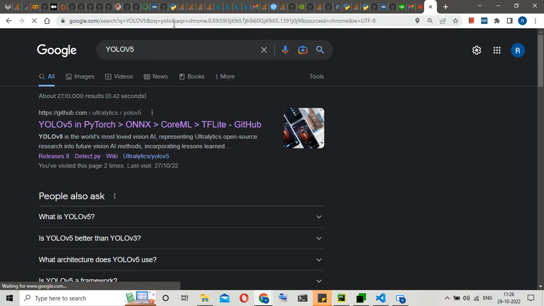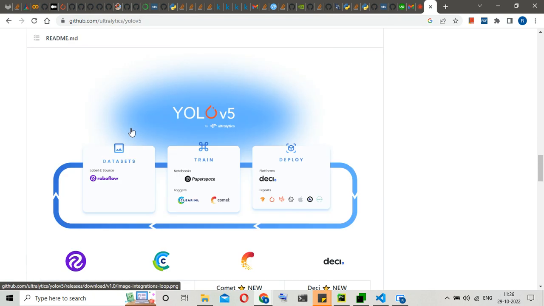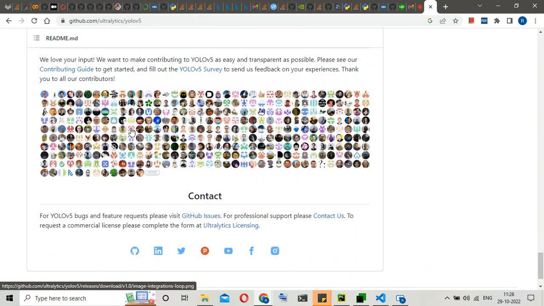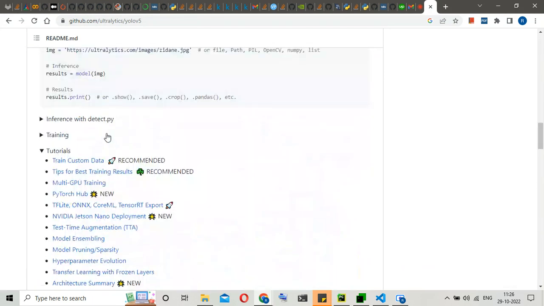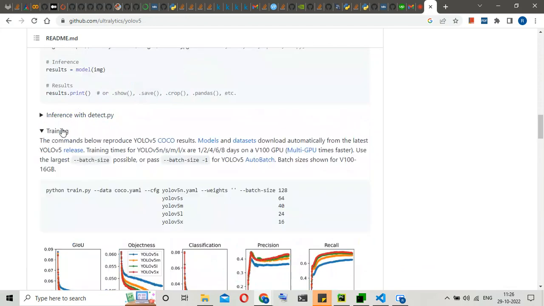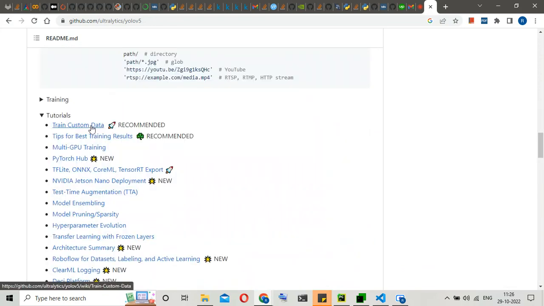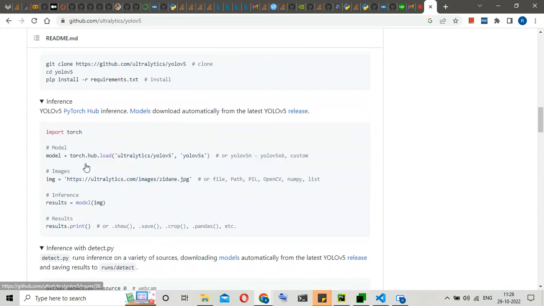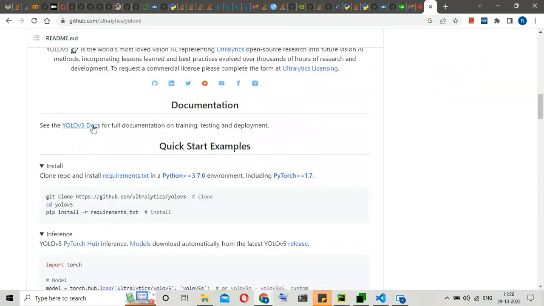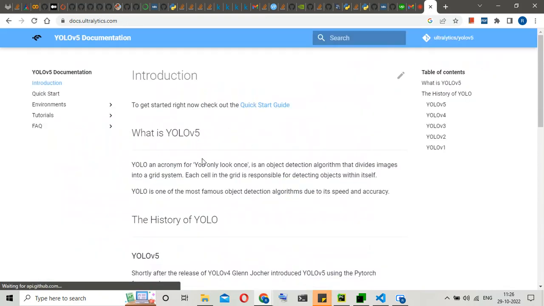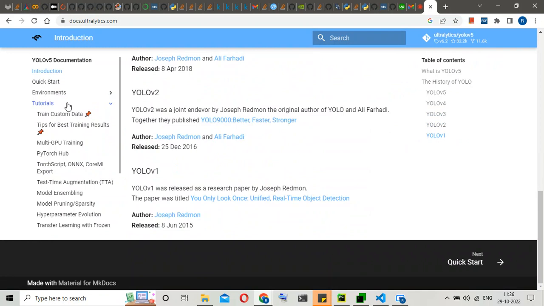YOLO V5 is one classic model used for this. Where is that example I can show? Inference, detection, train custom, multi GPU. I think the documentation will have a tutorial here.